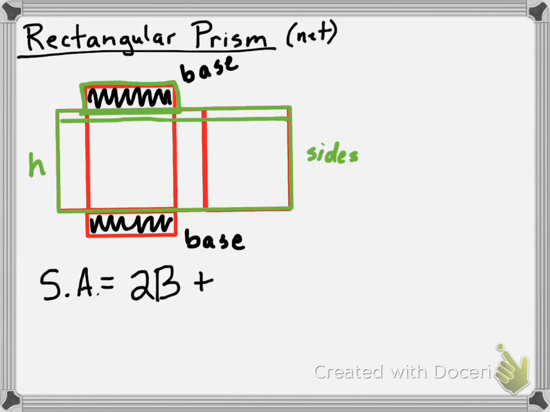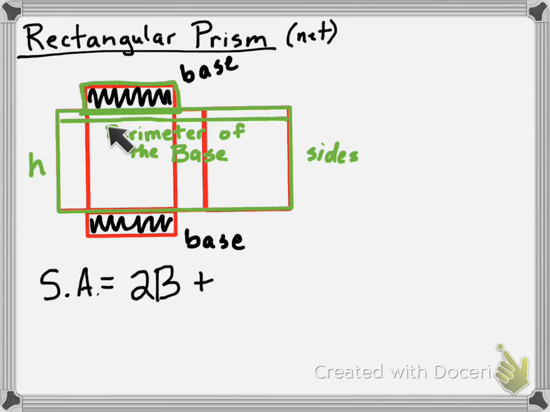Well, we know something that means find the distance around. That's just perimeter. So the length of this middle rectangle will always just be the perimeter of the base.